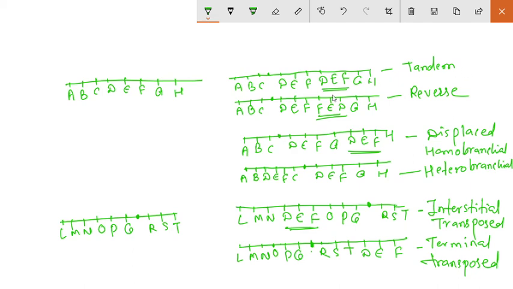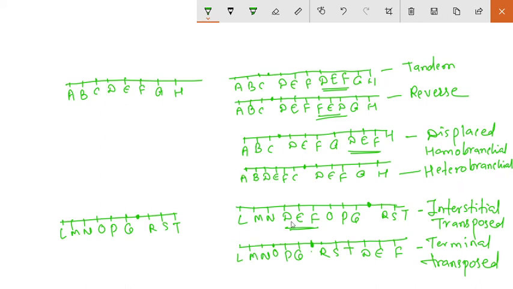Tandem duplication, in the normal, it is side to the normal segment and in the same sequence. Reverse, it is at the side of the normal segment, but in reverse position. Displaced, it is away from the normal segment, but towards the same side, then homobranchial; towards the another side of the centromere, heterobranchial.